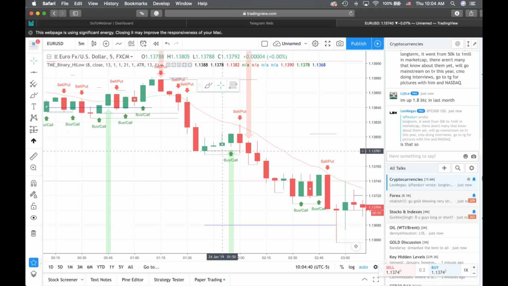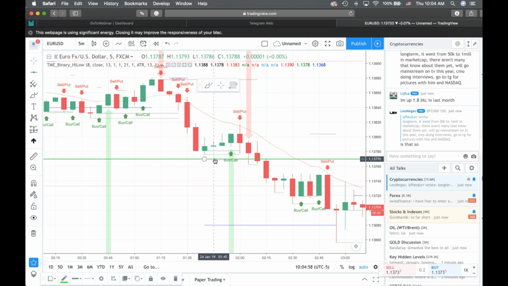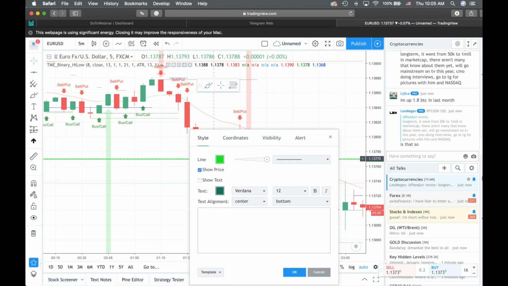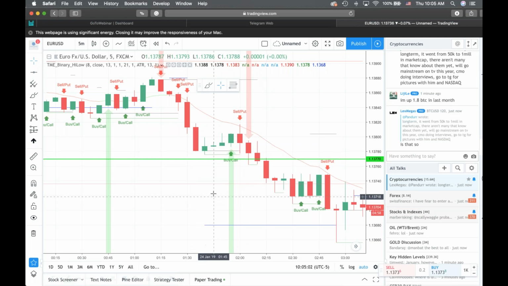So the first line is 780, and the second line is 775. So I would say that you're looking around 770 area, right? Because we're looking at even numbers, odd numbers. Sorry, so 770 area, yeah, for a buy.